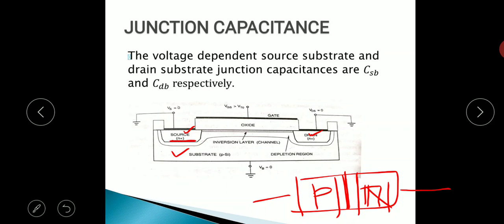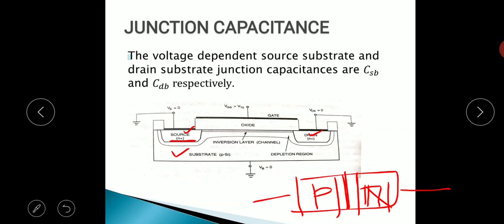Depletion region is the region where no mobile charge carrier is present, so it acts like a dielectric material. Because of that, the N region and P region act as two plates and the depletion region acts as dielectric. So this is the capacitance of the PN junction.